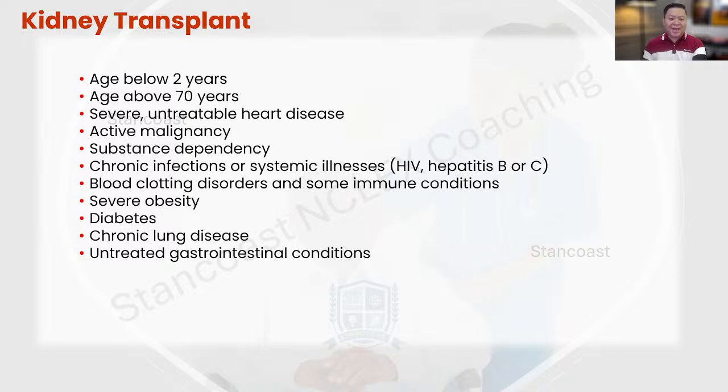If a person has an untreated GI problem, it can also cause problems, because for the oral immunosuppressive medications they will be taking, there will be poor absorption. And also, this will increase the risk of GI complications after the surgery.